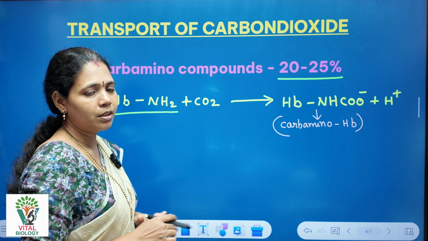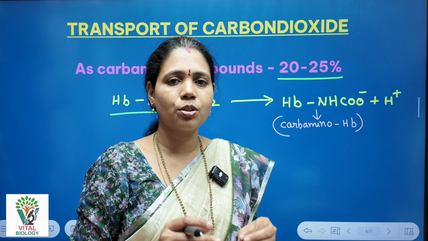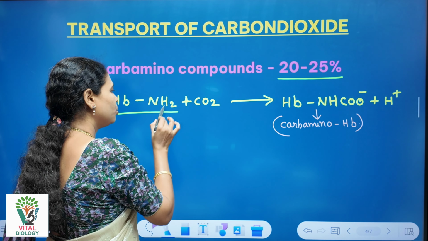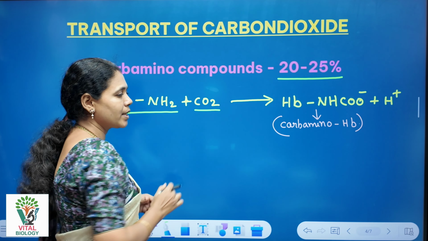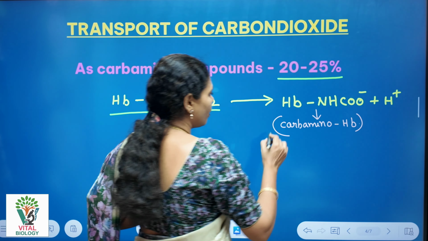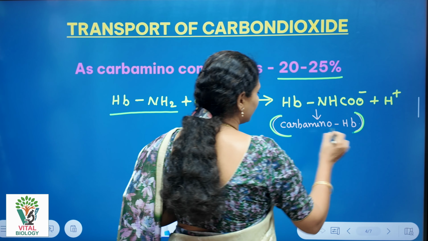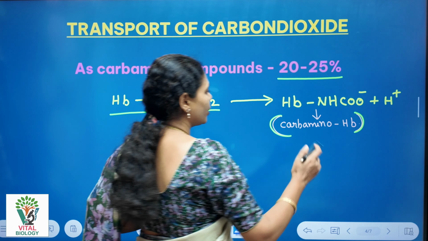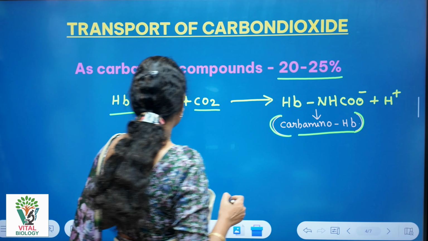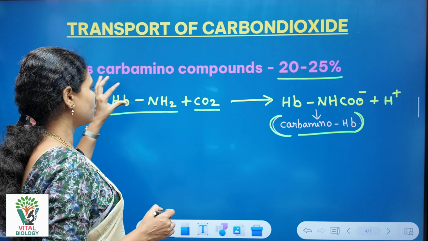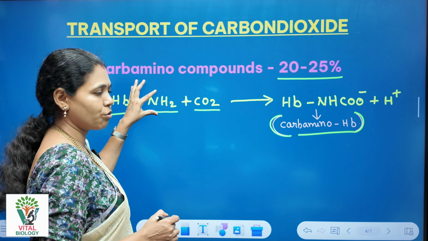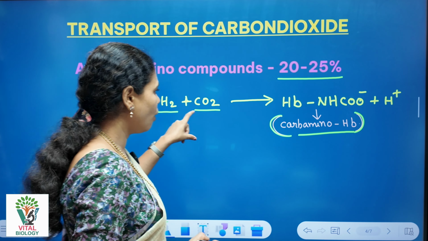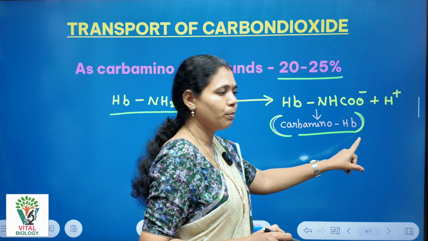Inside the RBC, the hemoglobin, which constitutes an amine group, that is the NH2 group, to that amine group the carbon dioxide will bind and form a compound that is called the carbamino compound or carbamino hemoglobin. See once again, hemoglobin constitutes an amine group in its structure. To that amine group, the carbon dioxide will bind and form carbamino hemoglobin.